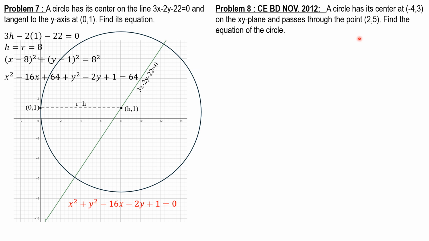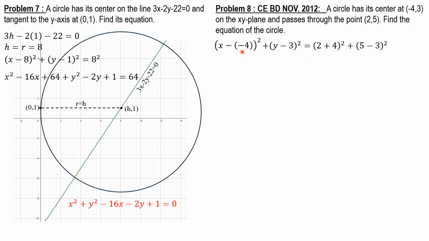So the circle has the equation (x minus h) squared plus (y minus k) squared equals radius squared, and the radius squared is the square of the distance between these 2 points. So (x minus negative 4) squared plus (y minus 3) squared is equal to (2 minus negative 4, or 2 plus 4) squared plus (5 minus 3) squared.